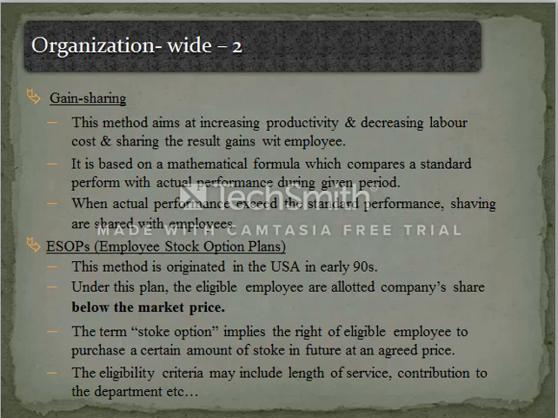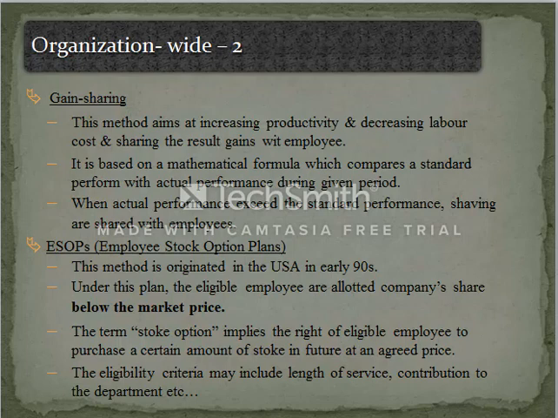The actual concept behind gain sharing is that we need to increase the productivity of the organization and decrease the labor cost, so that whatever amount we can save, out of that saving amount we can share the proportionate profit among the employees. That will be considered as gain sharing.